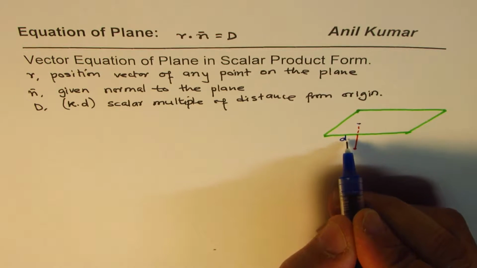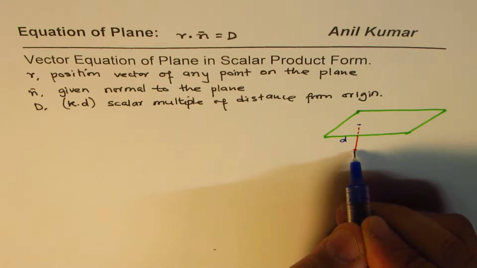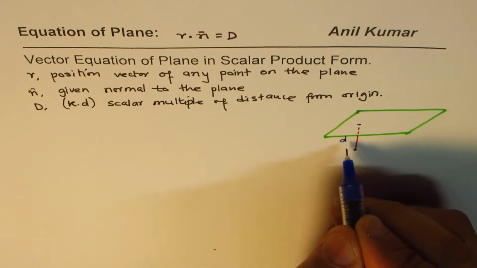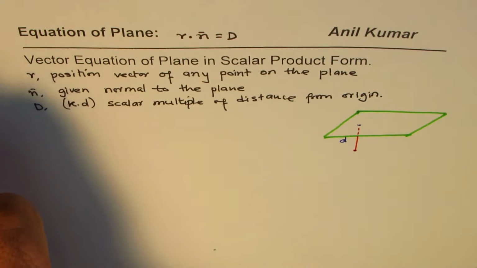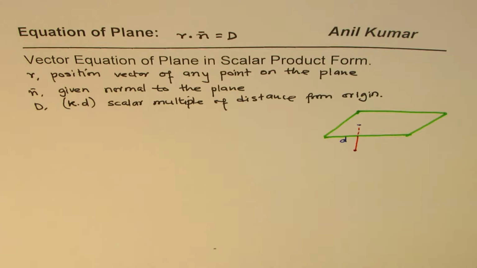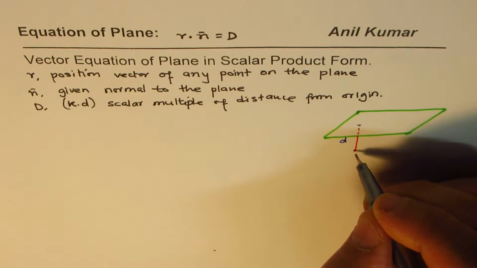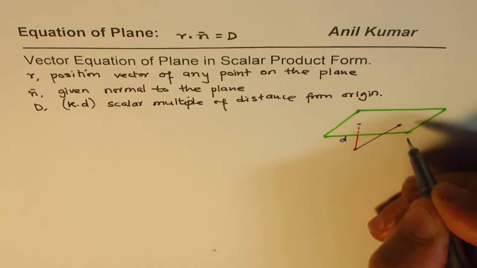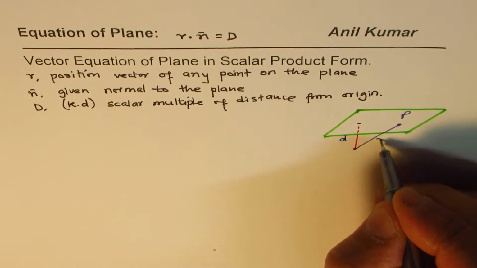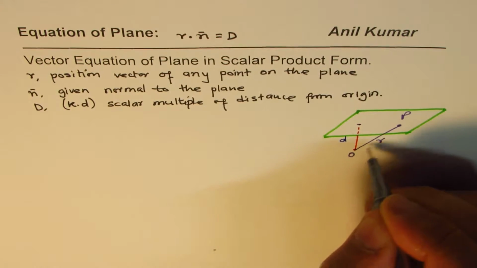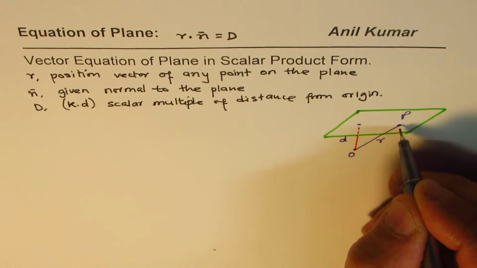So the distance from the origin to this plane is d. Now let us consider any point P on the plane. Then r is my position vector OP.